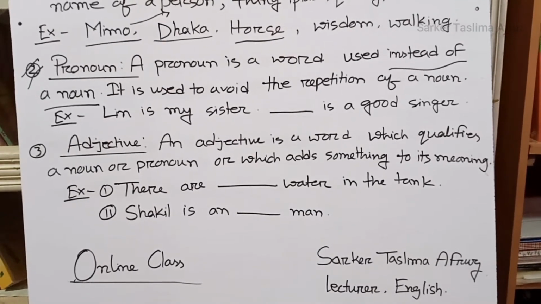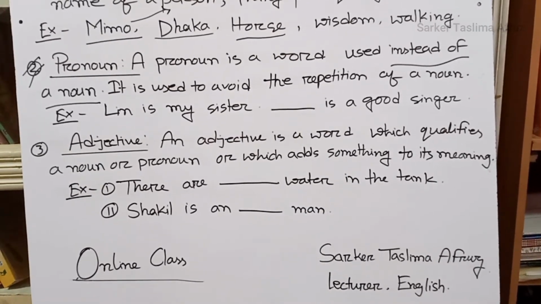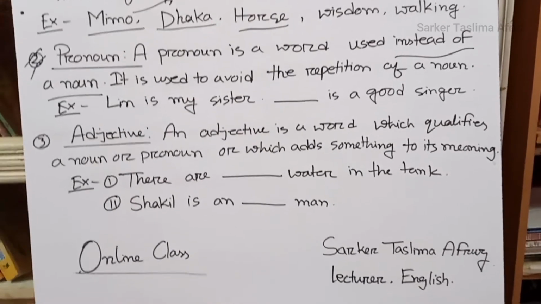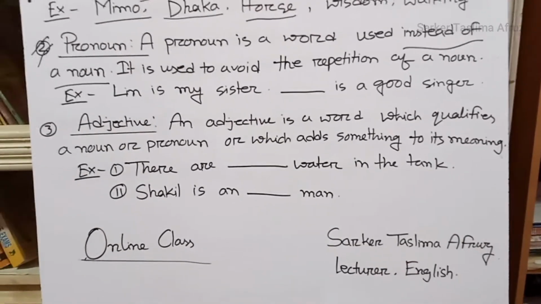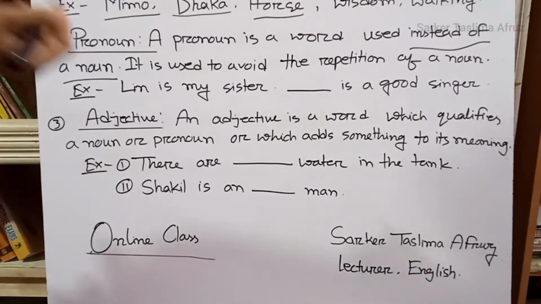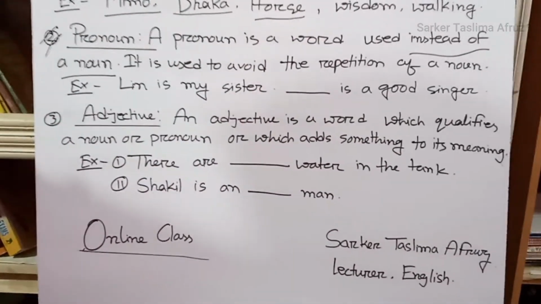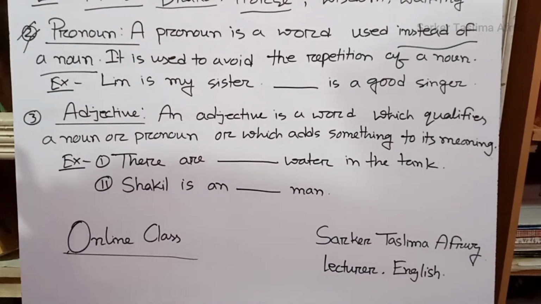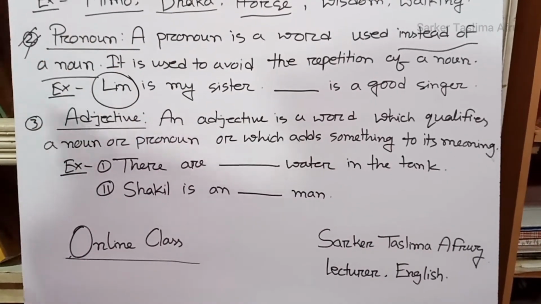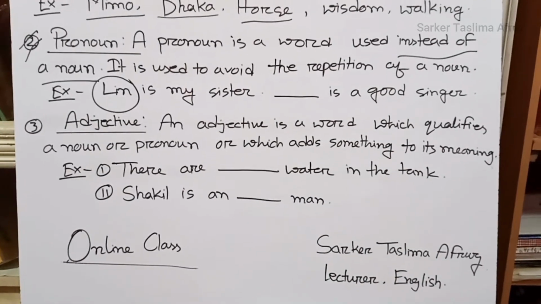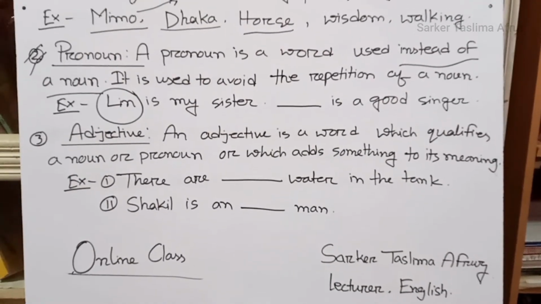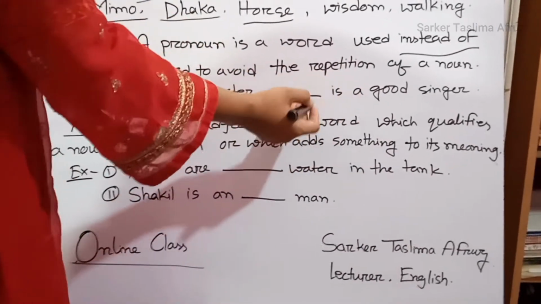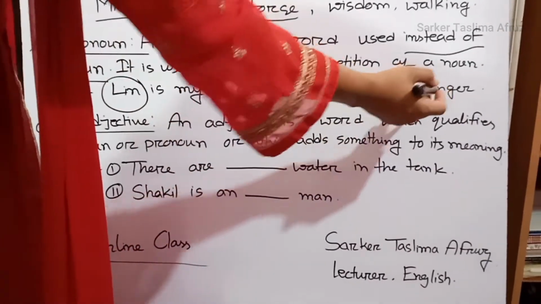So dear students, you know about pronoun, which will help you later to write a very fruitful sentence. Here are some examples for you. You can see the first one I have written here, Lynn is my sister. Here Lynn is a noun because it's a name, and any kind of name is noun. But here is another example for you, dash is a good singer.